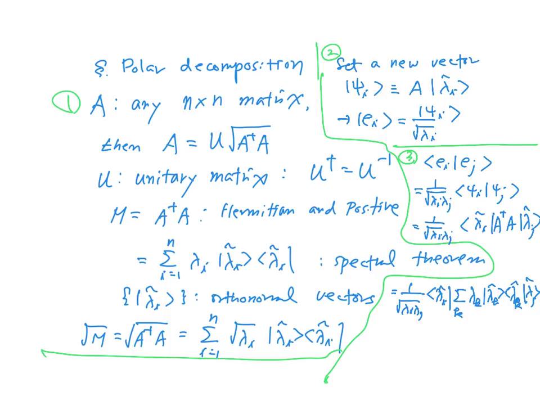So they are orthonormal vectors, right? So the inner product between λ_k and λ_j is 1 if k and j are the same, or 0 when k and j are different, right? So it has to be just λ_k.